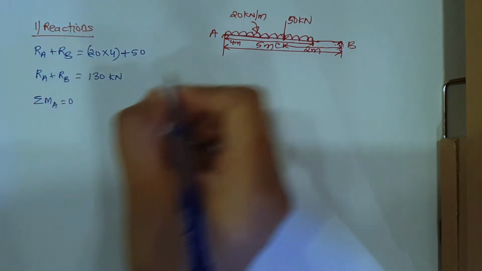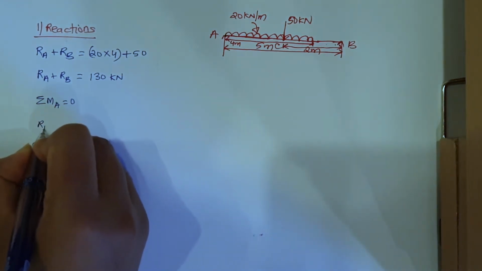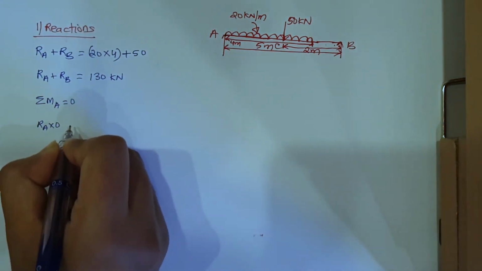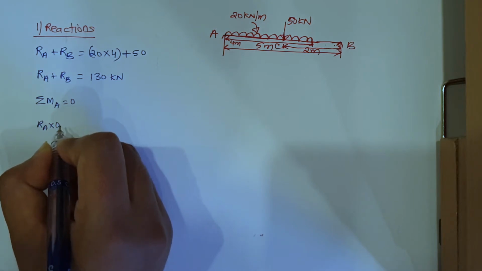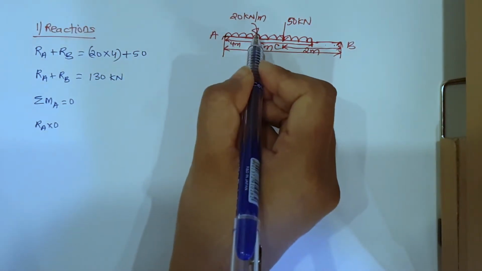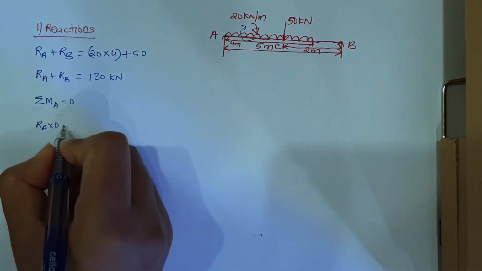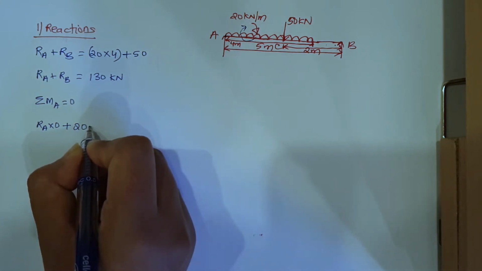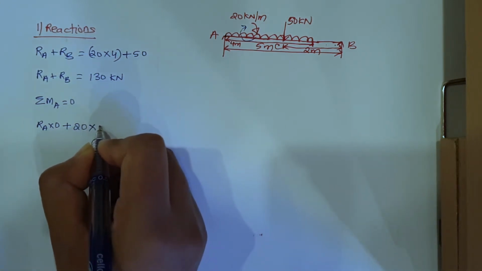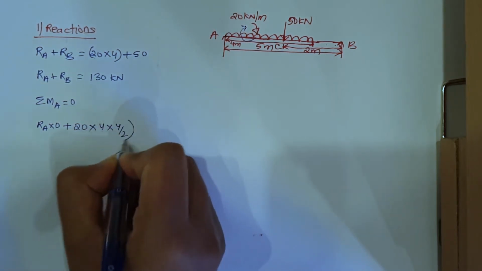Now next, from summation of moment about A equals 0. So from here my reference point is this point A. So RA into 0, since A is the starting point. Then next, the 20 kN per meter load will be going in clockwise direction towards A, and clockwise means positive, so plus 20 into its distance, which is 4 into 4 by 2 for the UDL.